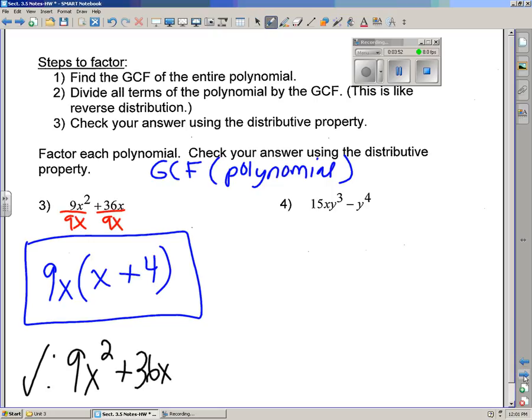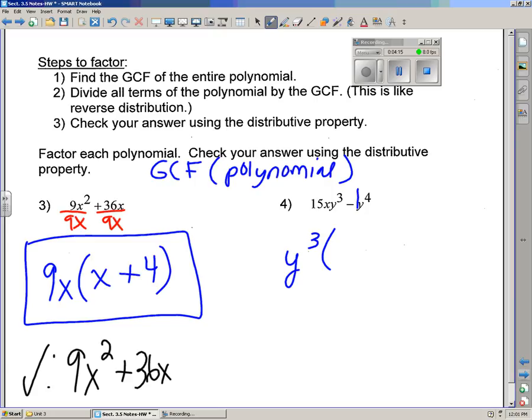On the next one, in terms of GCF, there's no numbers of a GCF other than a 1. Essentially, this is a 1 right here, but between 15 and 1, all you can pull out is a 1. In terms of variables, the y's are common to both. The smallest power of y is y cubed. So my GCF becomes y to the third outside of a parenthesis.